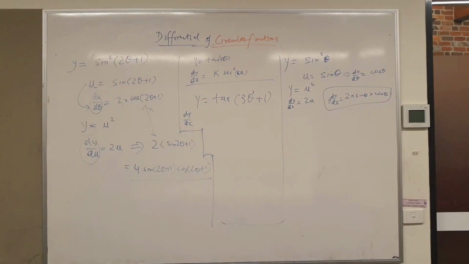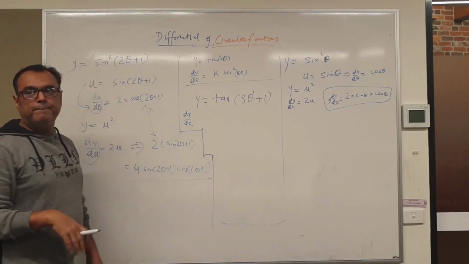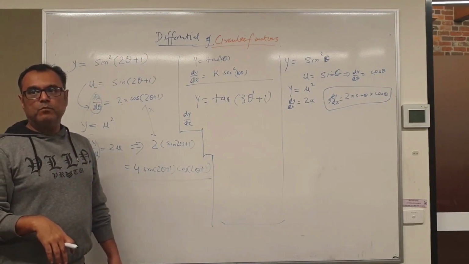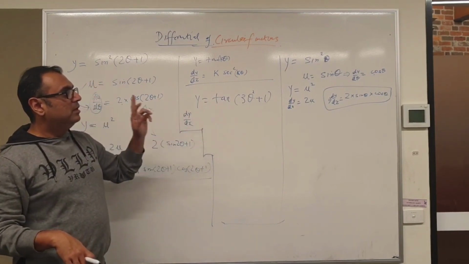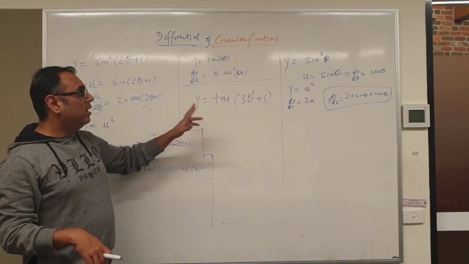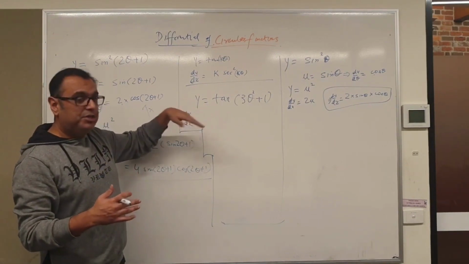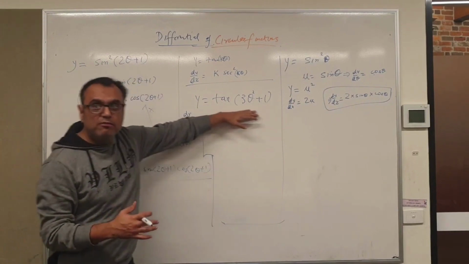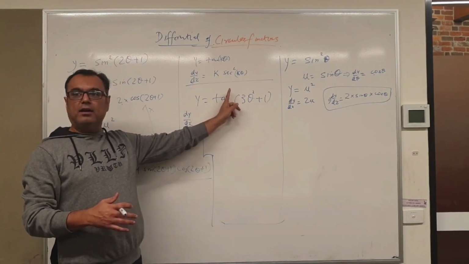Ayushka, what will be u here? Tan 3 theta plus 1. No. You would assume your u to be a full circular function if you got a power here.